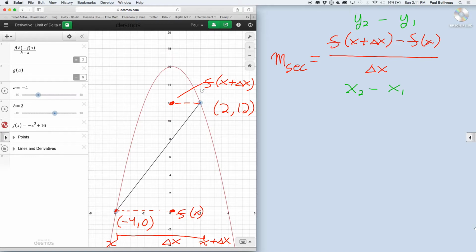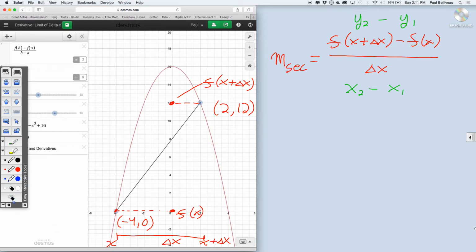Whatever you get when you start with x and add some change, what y corresponds to it. Happens to be 12 here, but the value isn't what's important. Now, what is important is what happens when we move these points around. Well, this relationship up here doesn't change.